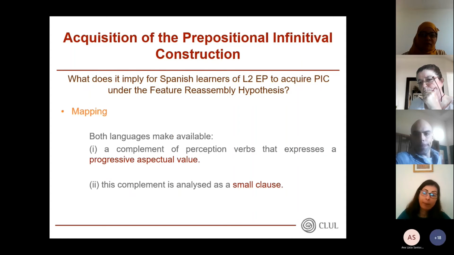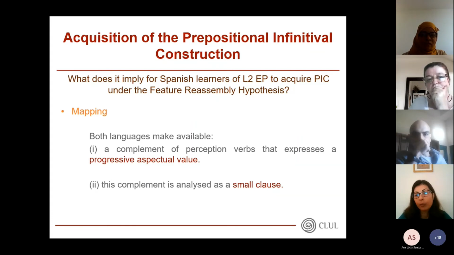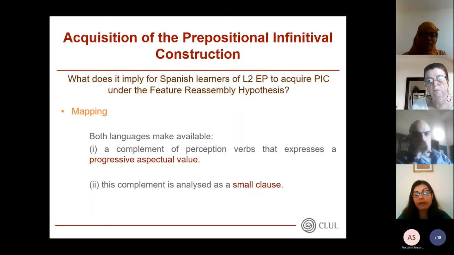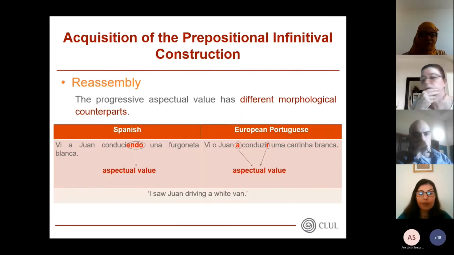So regarding mapping, these speakers will have to identify that the two languages have a complement of perception verbs that expresses a progressive aspectual value. So there is a structure in both languages that has a progressive feature. And this complement is analyzed as a small clause in the two languages.